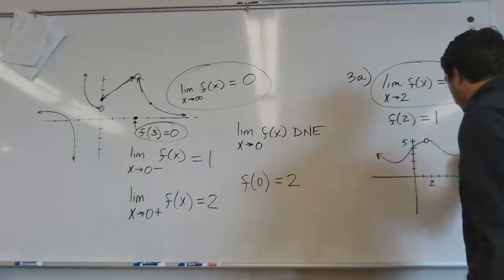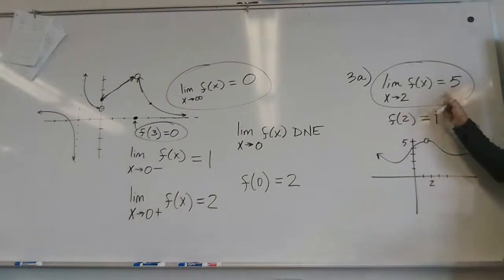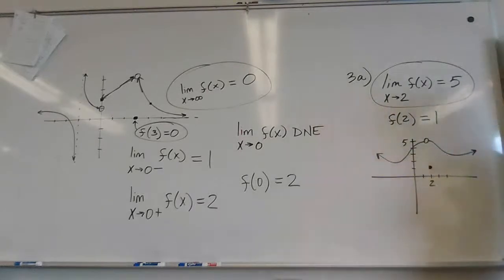It doesn't really matter. You can just do a straight line, I guess, if you want to be boring. But do you see how this graph satisfies this description? Yes. And then you have to put the dot at 1. And then f of 2 has to be 1. Makes sense, then. There we go.